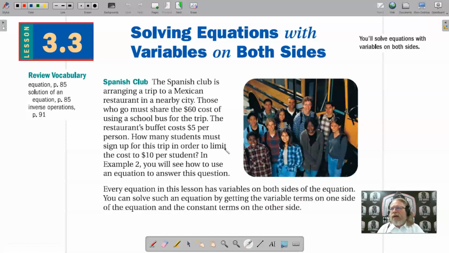So we are going to have equations in which a variable shows up on both sides, and we're going to have to get the variables to one side and all the constants, that is all the other numbers that do not have variables, over on the other side so that we can then isolate the variable. It doesn't necessarily have to be an x, but whenever it comes down to what it means to solve an equation, it means that we're going to isolate the variable.